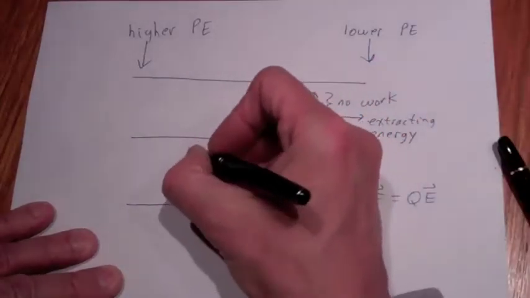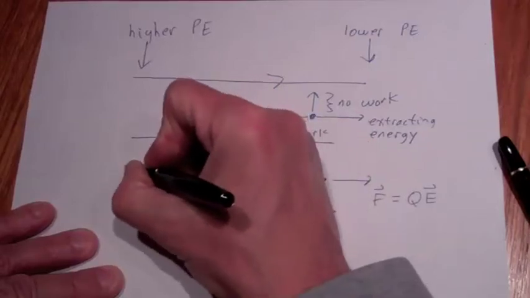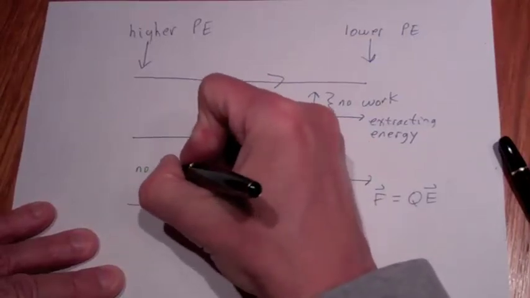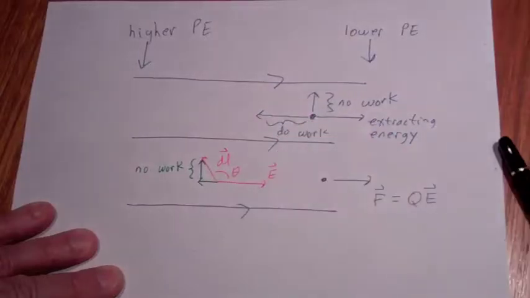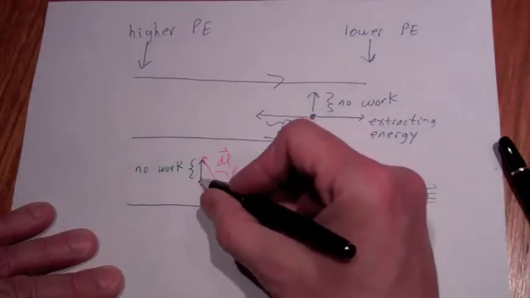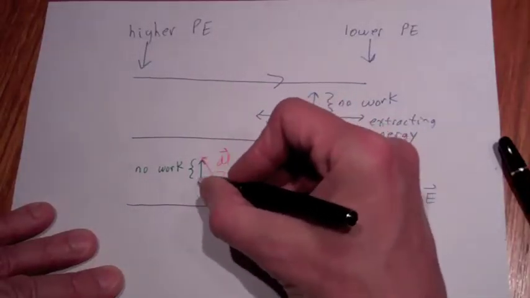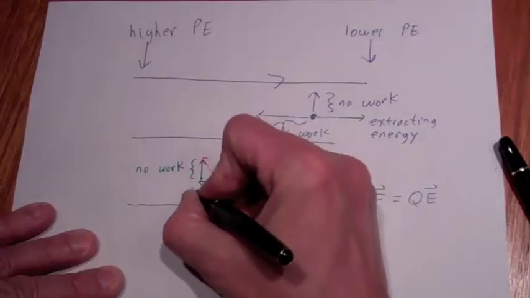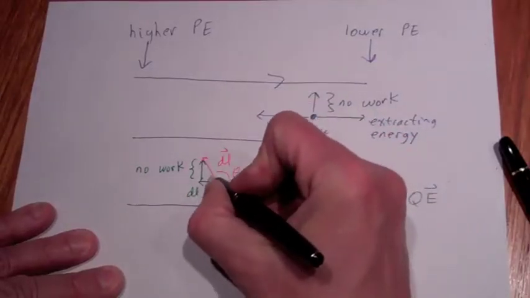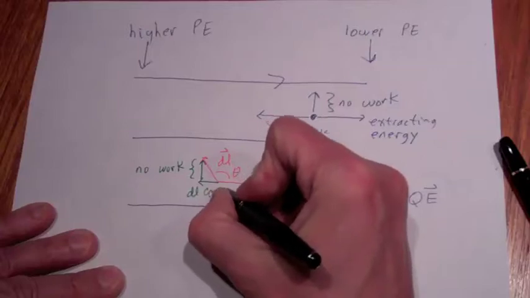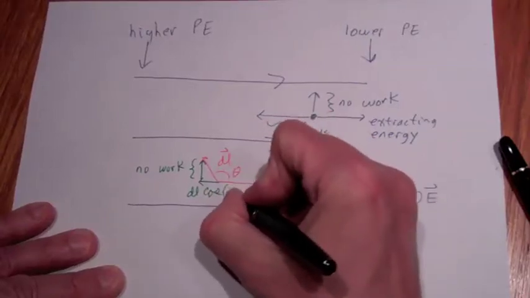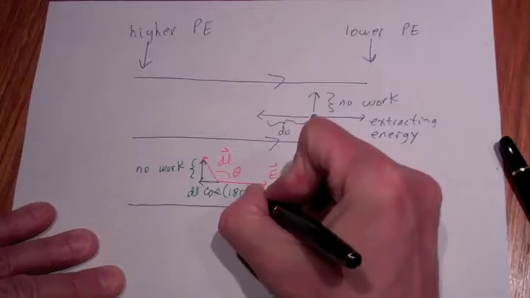When we're moving perpendicular to the electric field, no work is being done. All the work is done on this first segment, and the length of this first segment is the hypotenuse of this triangle, dl, times the cosine of this angle, which is the cosine of 180 degrees minus theta.